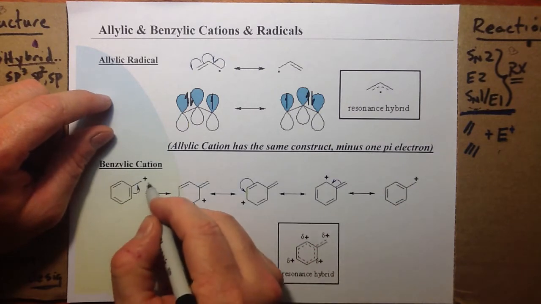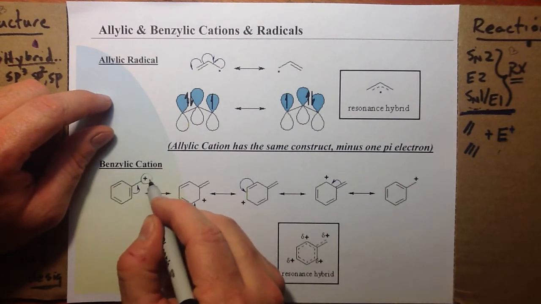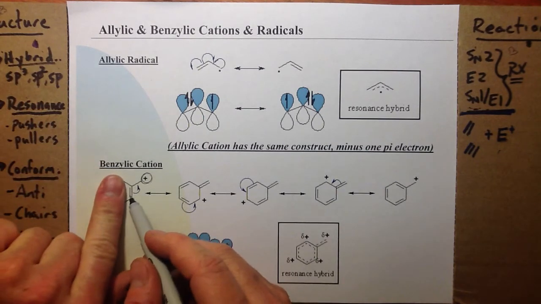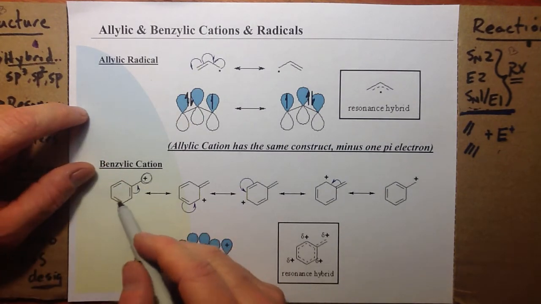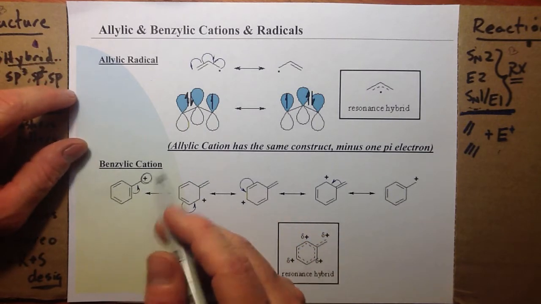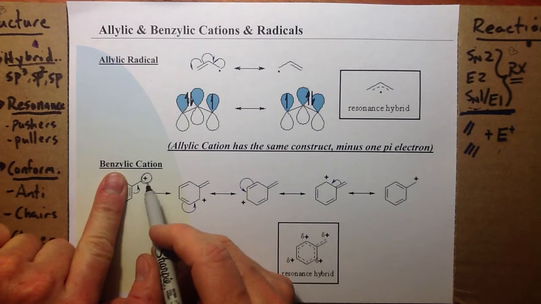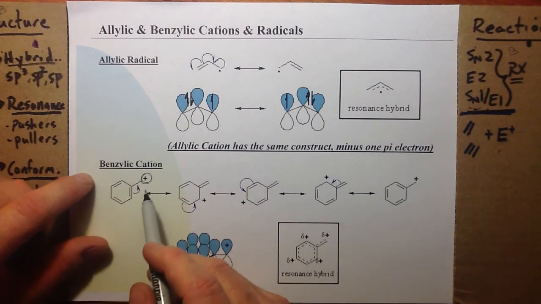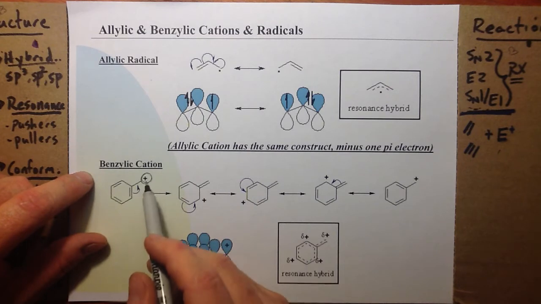We can also do the same thing with anything next to a pi bond. We could call this an allylic carbocation, but because it's in a position where there's a benzene ring next to it, we give it a special name. Not allylic, next to a pi bond, we call it benzylic. And it could be a radical here, an anion, a cation.